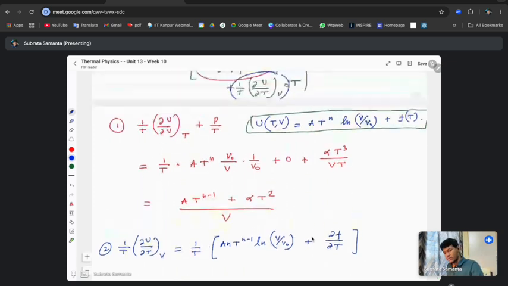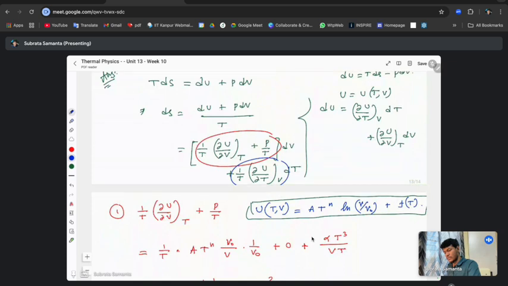So now if we plug these two equations here, so this is basically dS.